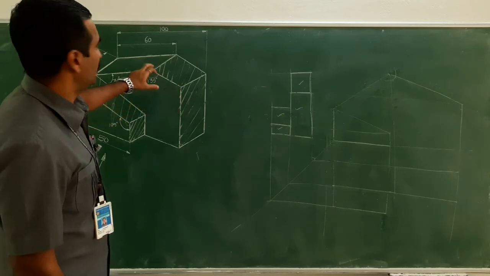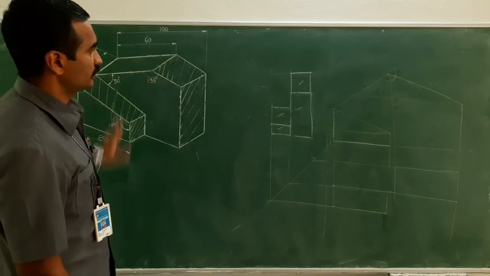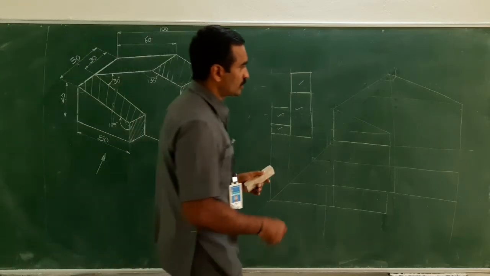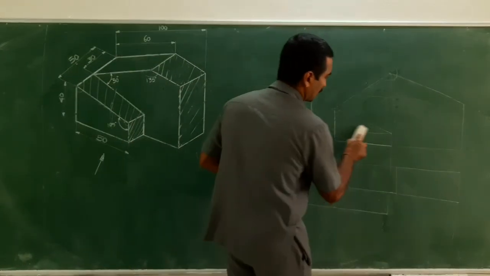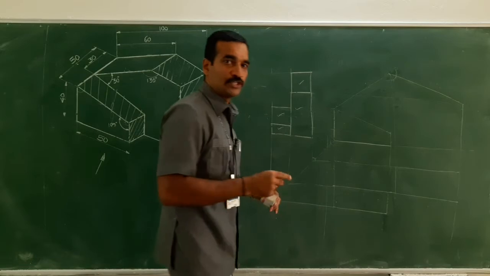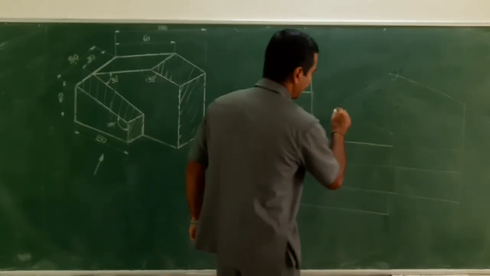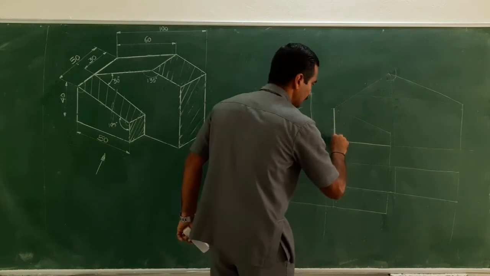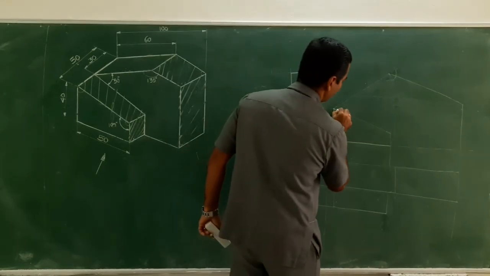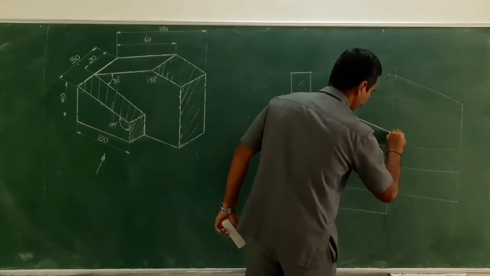This portion, that's it. So now let me just draw the dark line. So you change the pencil to HB or H, make it dark.